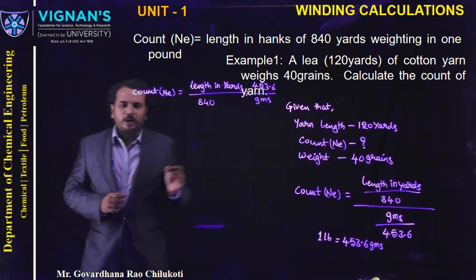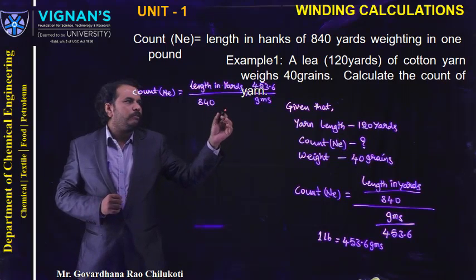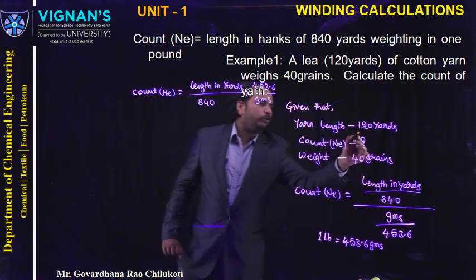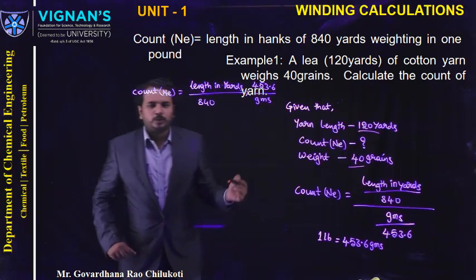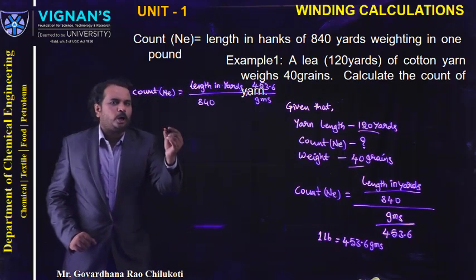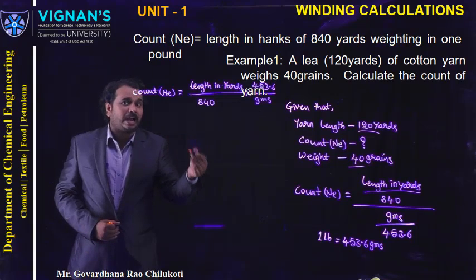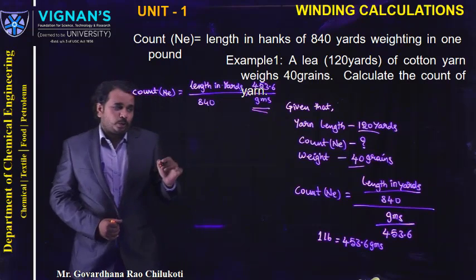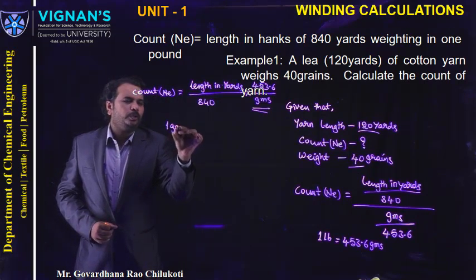So now what is the question we have? In example 1, the yarn length is 120 yards, weighing 40 grains. So it is given in grains. We have to convert these grains into grams, because in the formula it is in grams.